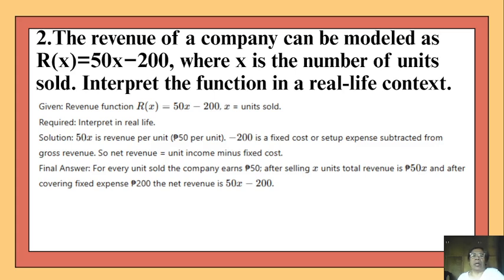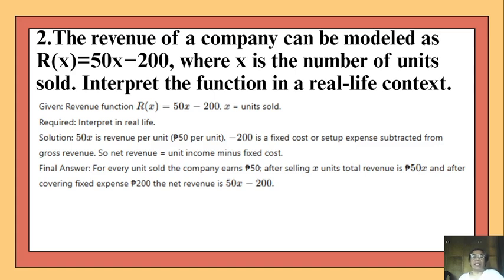So solution: 50x is revenue per unit, say 50 pesos per unit, minus 200 is a fixed cost or setup expense subtracted from gross revenue. So net revenue is equal to the gross income minus the fixed cost.